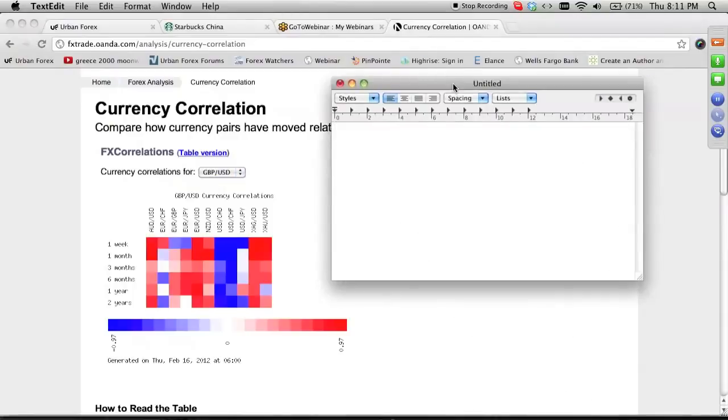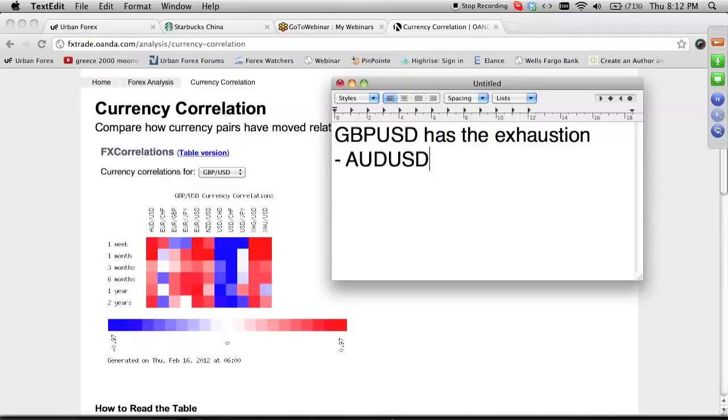Okay, let's jot this down. So whenever you guys have a trade, this is what you want to do. GBP USD has the exhaustion. Okay, the pairs that GBP USD works with are Australian dollar US dollar, it works exactly with it, and Euro USD, exactly with it.